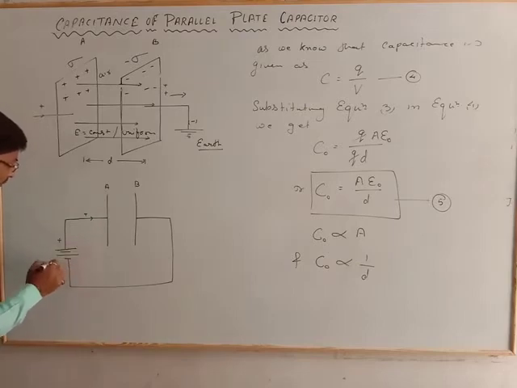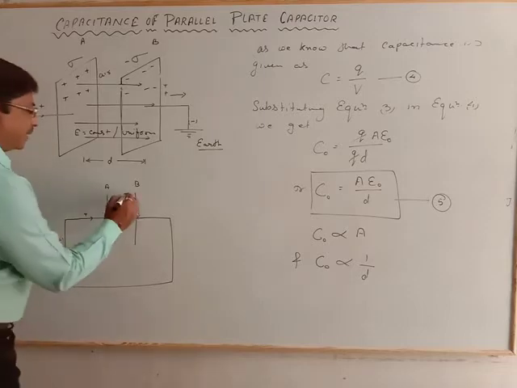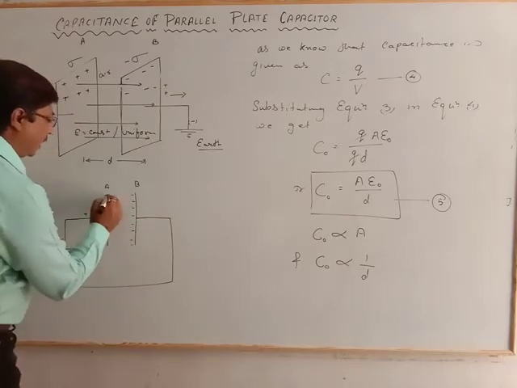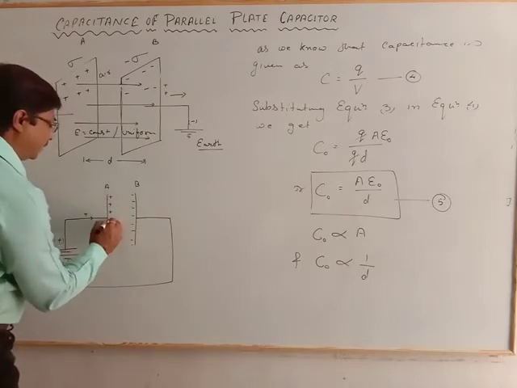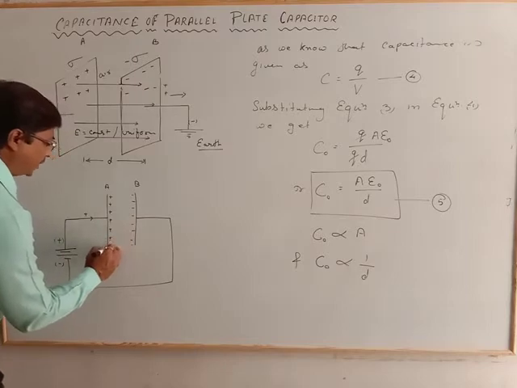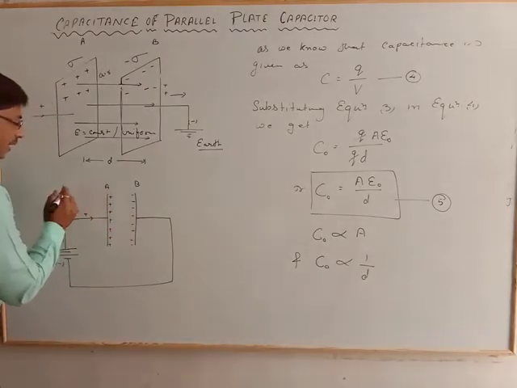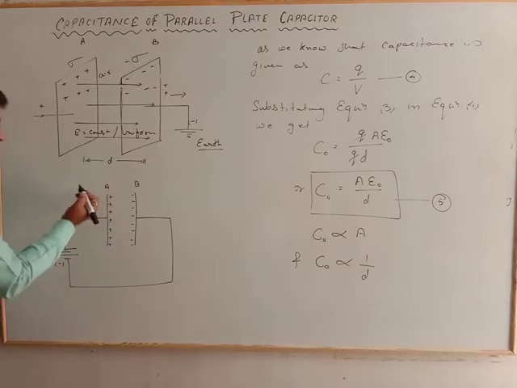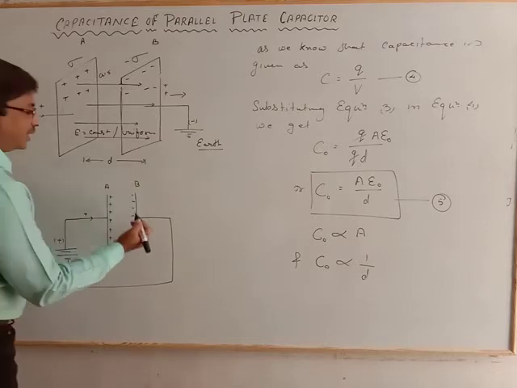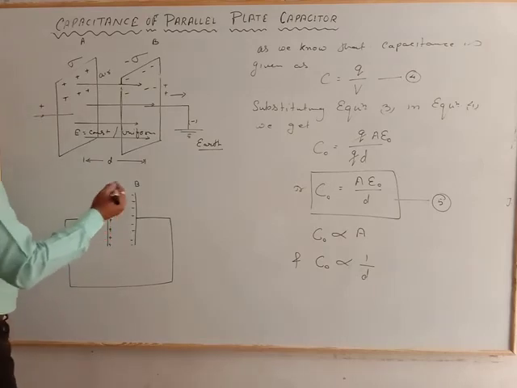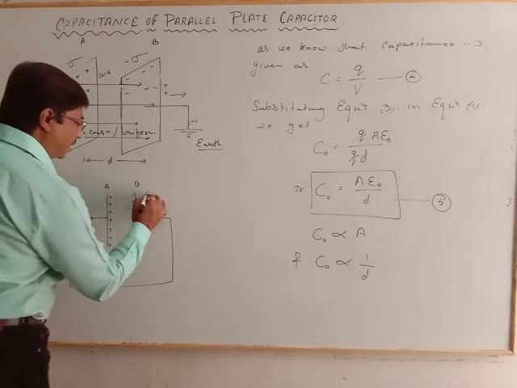Here is the positive, higher potential, and here is the negative, lower potential. So plate B becomes the negative one, and plate A, which stores the charge, is positive. This one is the storing plate, and this one is the supporting plate, which we learned in previous classes.